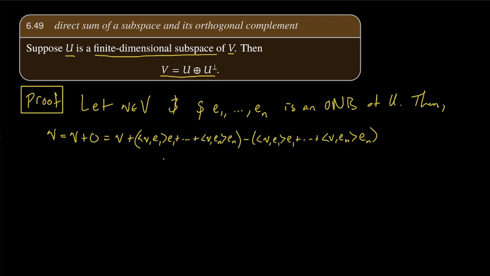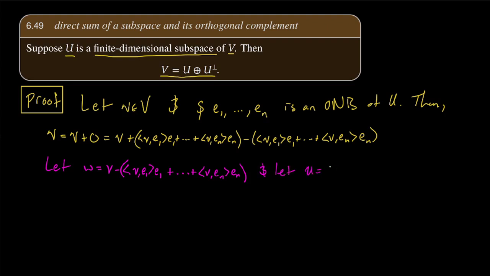Okay, now here's what I'm going to do. I am going to say that V minus this part be V minus inner product of V with E1 plus ... all the way down through V inner product with En, scaling En. So let's let this be W. Okay.